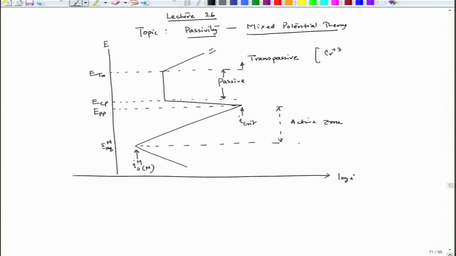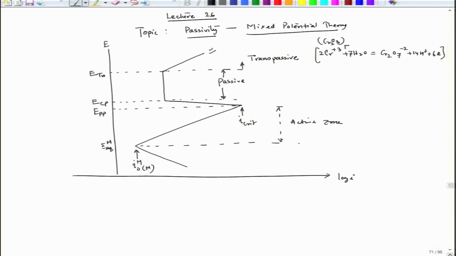Now, chromium trivalent ion, which is nothing but Cr2O3, gives protection in case of chromium, but if it goes to a high potential, the trivalent chromium ion can react with H2O and form Cr2O7 minus 2 plus 14H plus plus 6E.